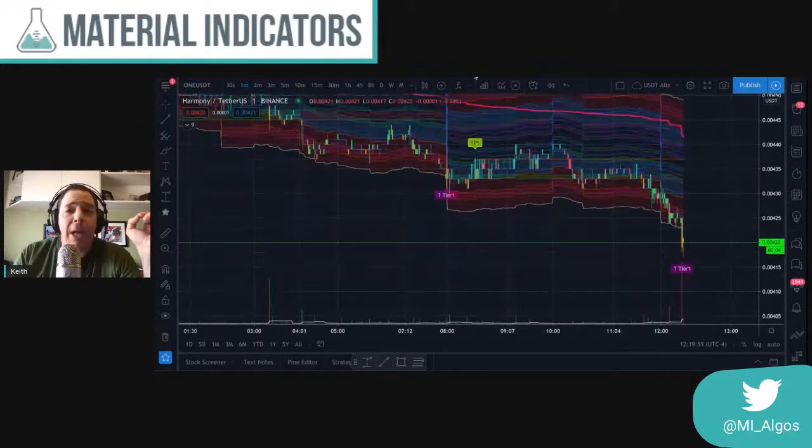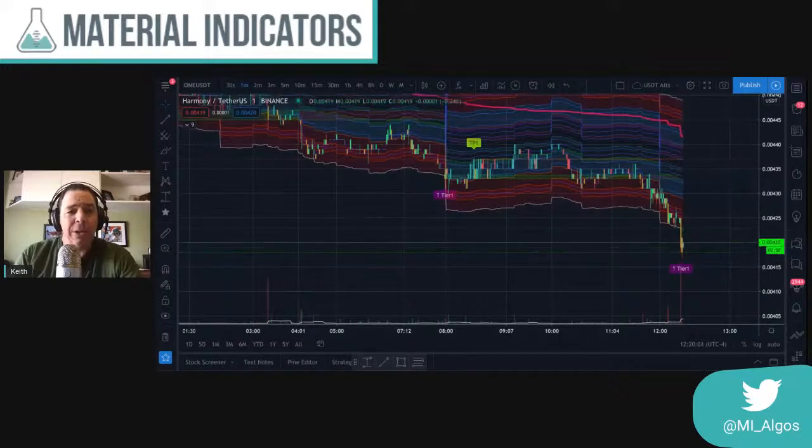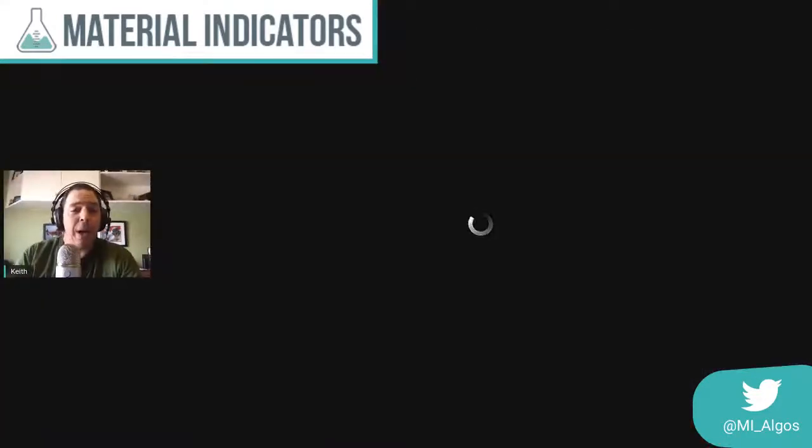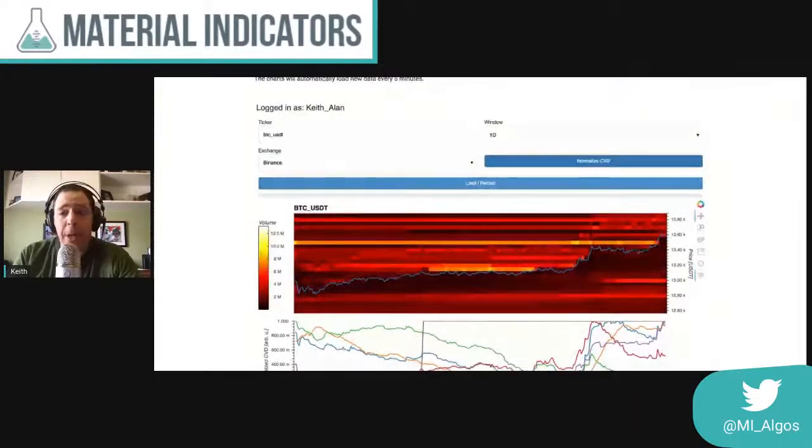And if we look at the fire chart now, we can pull it up and see how that looks relative to what we just saw with the signal coming in, right? So we'll move from that screen, and we will now go back to the web app and see what 1 USDT looks like in the fire chart and see if we're anywhere near support, right?